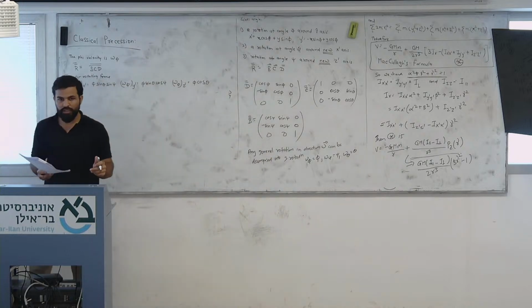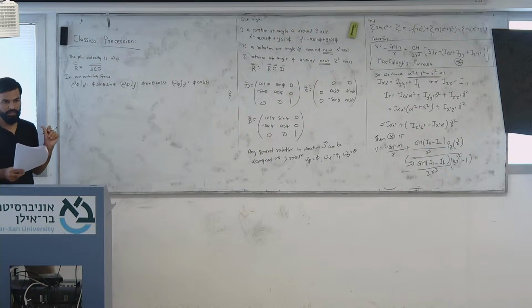Same I will do for the theta direction. Same thing, I have omega theta, which is along the x prime axis. The direction of angular velocity omega theta coincides with the x axis. So therefore its component I will write down in the co-rotating frame.